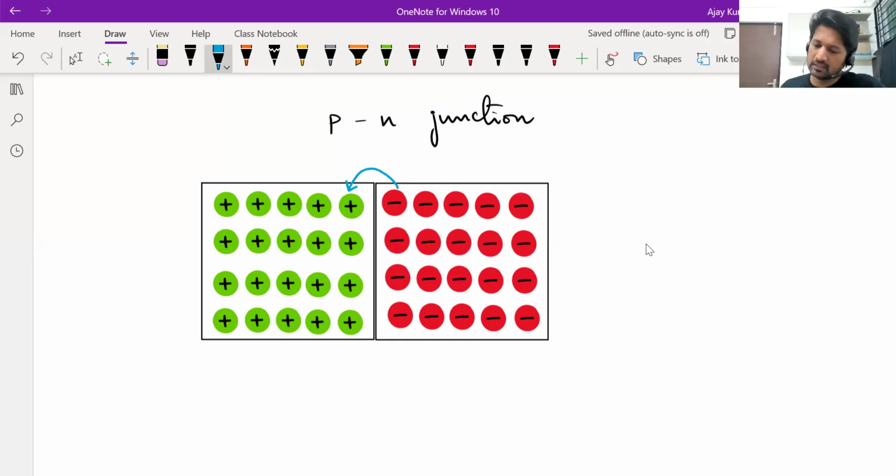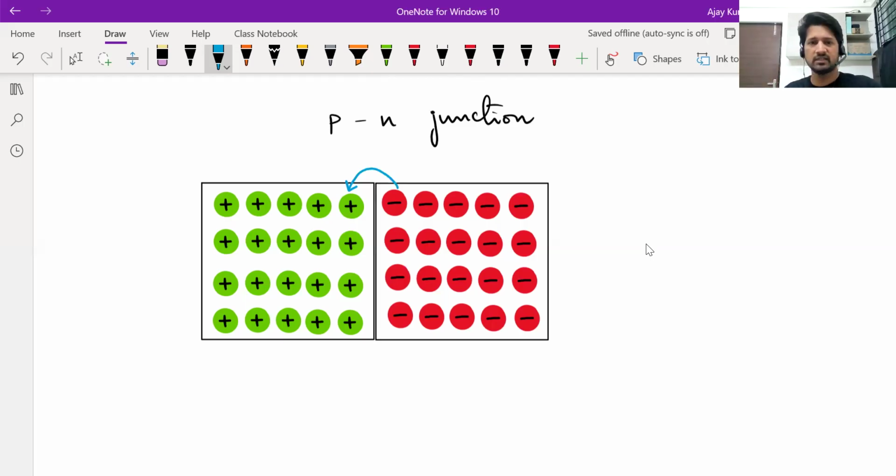So it's possible. So when an electron goes from n side to p side, what will happen on the p side? In the p region there are a lot of holes which are ready to accept these conduction electrons. So these conduction electrons, some of them go from n side to p side and fill those holes. Okay, due to their high mobility. Fine.